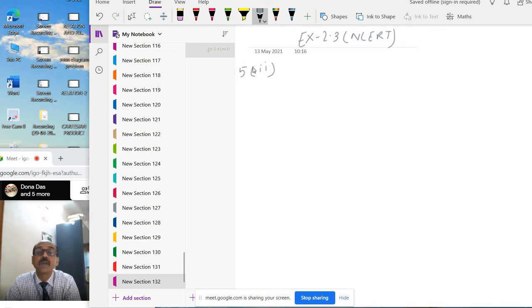So the question is f(x) equals x square plus 2, where x is a real number. That means x belongs to R, real numbers.